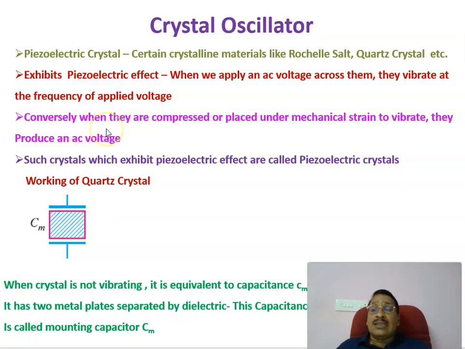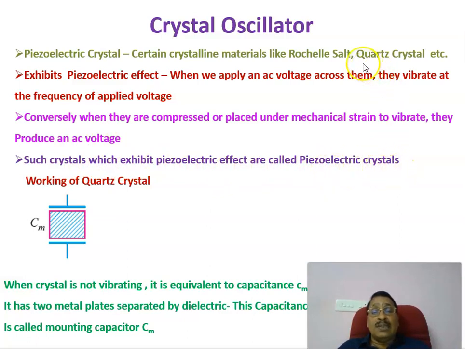Conversely, when they are compressed or placed under mechanical strain to vibrate, they produce an AC voltage. If you make a vibrating mechanical movement, it will produce an AC output voltage. Therefore, such crystals which exhibit the piezoelectric effect are called piezoelectric crystals.